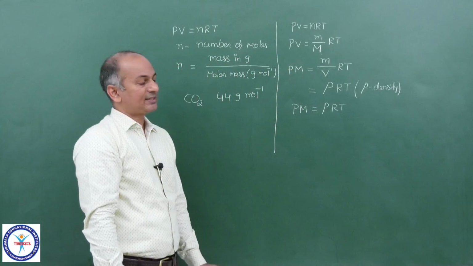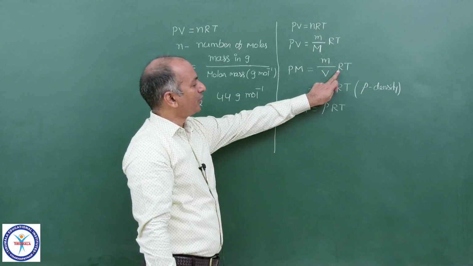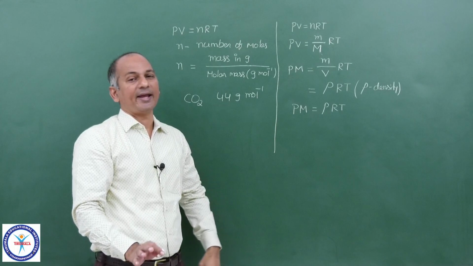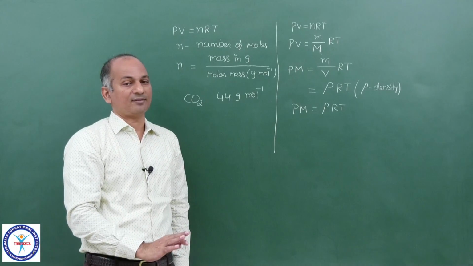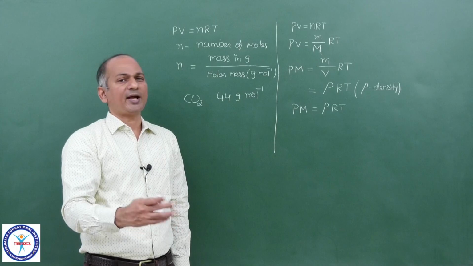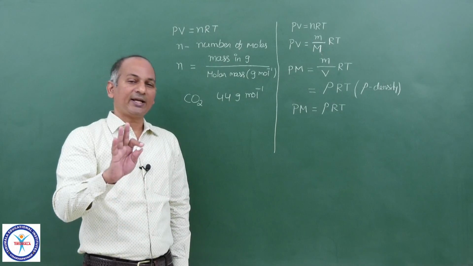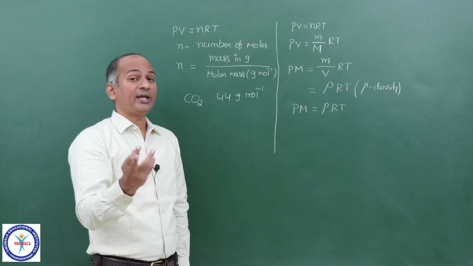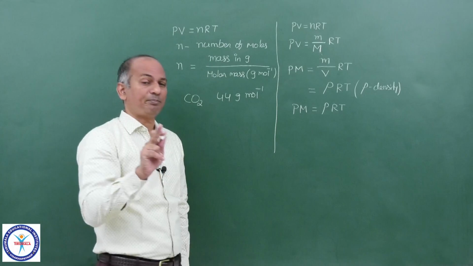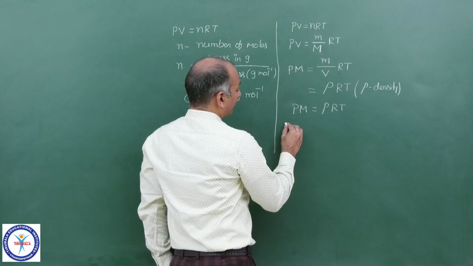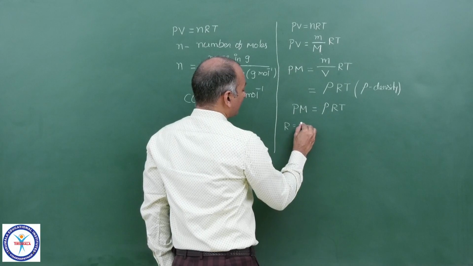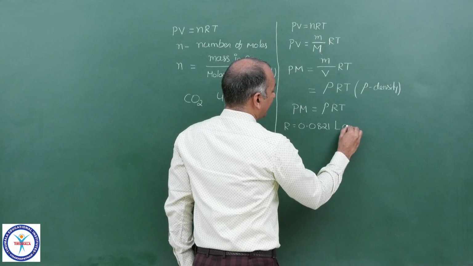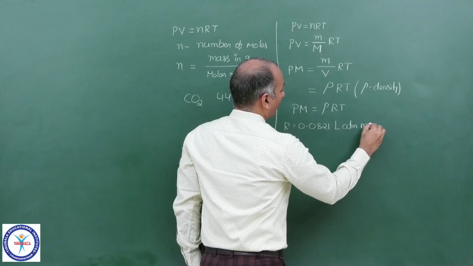Now if you come to the units, now see, suppose if you take R value 0.0821 liter atmosphere per mole per Kelvin. Of course that is up to you. You can take R value the way you want. You can take it in liter ATM per mole per Kelvin or joule per mole per Kelvin, that is up to you. But if you take R value in liter ATM per mole per Kelvin, so then you see R is equal to 0.0821 liter ATM per mole per Kelvin.